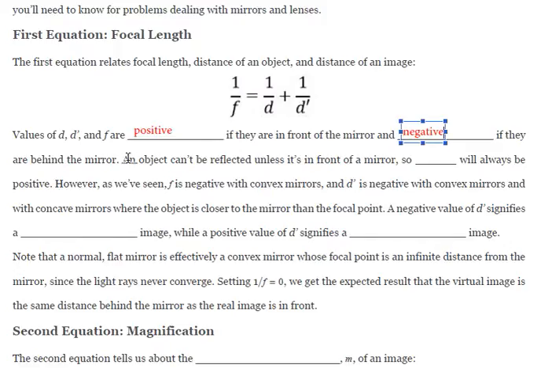So obviously an object can't be reflected unless it's in front of a mirror. So we know that d, the distance between the object and the vertex, should always be positive.